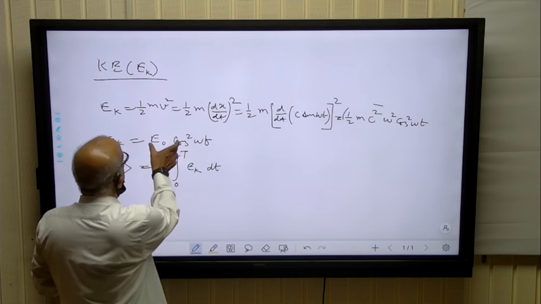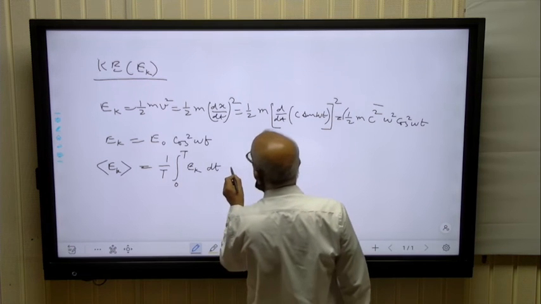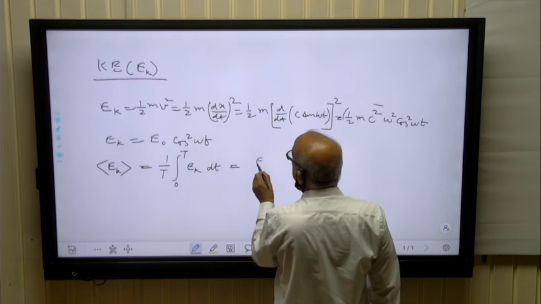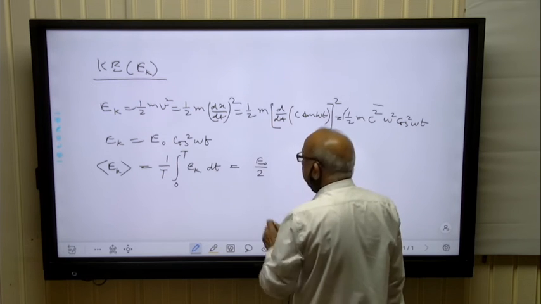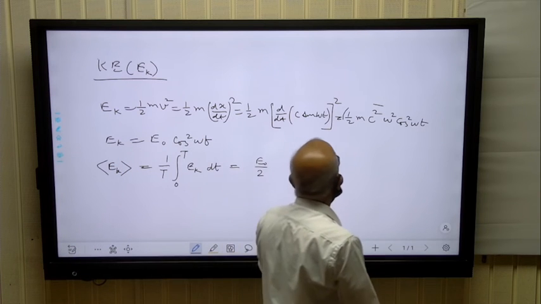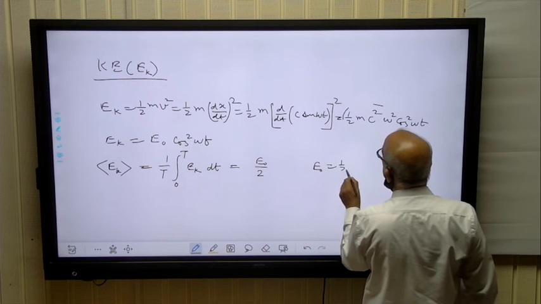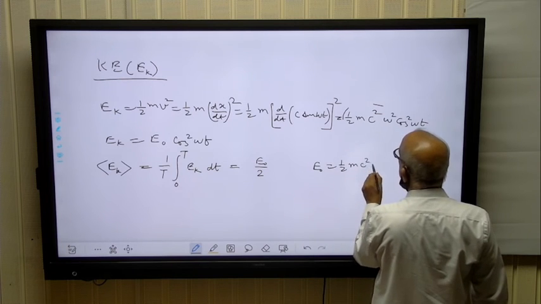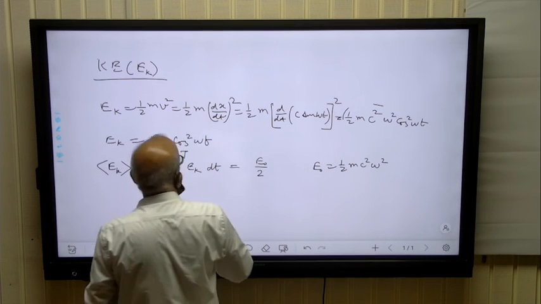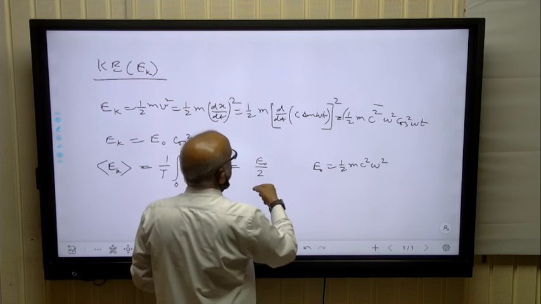If I put the value of E k from here, the result comes out to be, you do it yourself, E naught by 2, where E naught is half m c square omega square. So the average value is half of E naught.